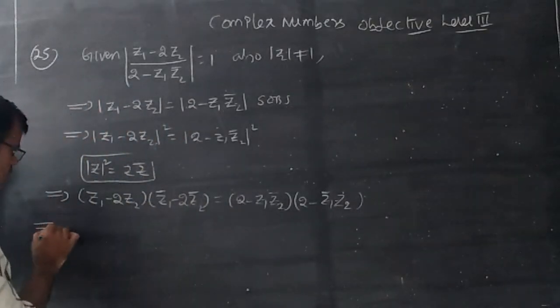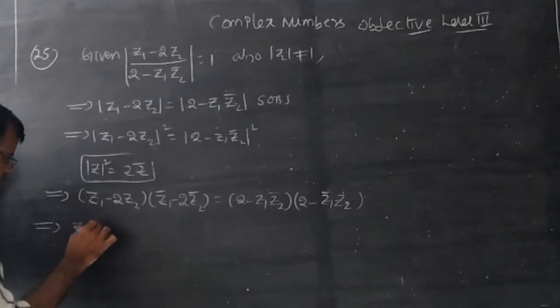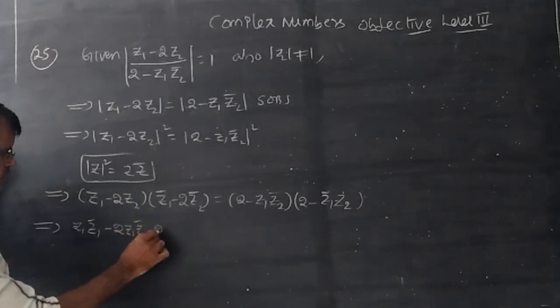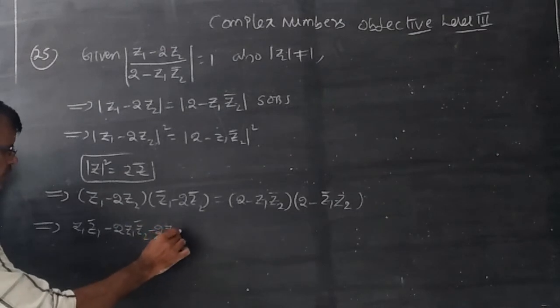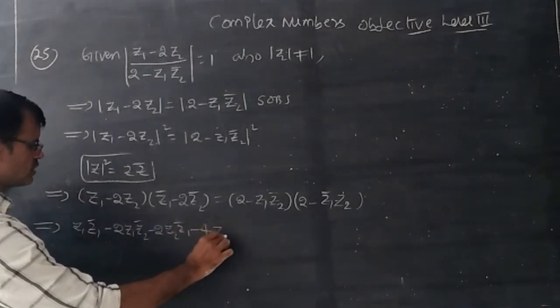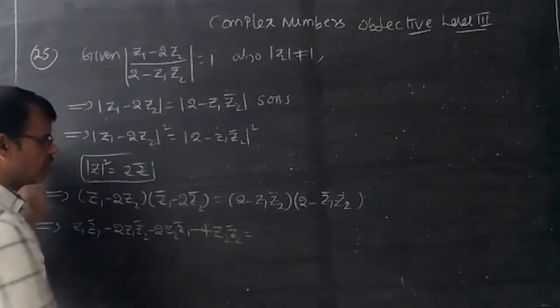That implies z1 bar minus 2 z1 z2 bar minus 2 z2 z1 bar, and 4 z2 z2 bar.